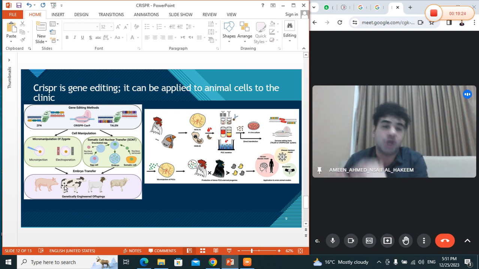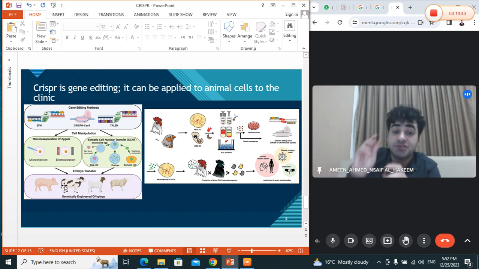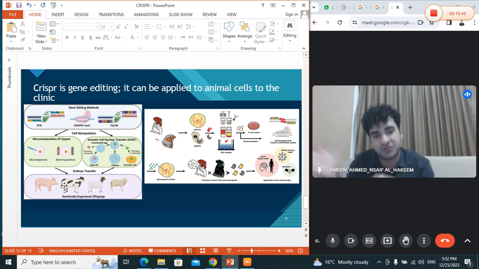It can be applied to animals in the clinic, as the scientists have reached. As for ethical considerations and challenges, there are a lot of challenges and evaluation. But if we go to creating knock-in and knockout animals, scientists often use CRISPR to generate knockout animals where a specific gene is inactivated, to help reveal the function of the target gene and its impact on the organism.